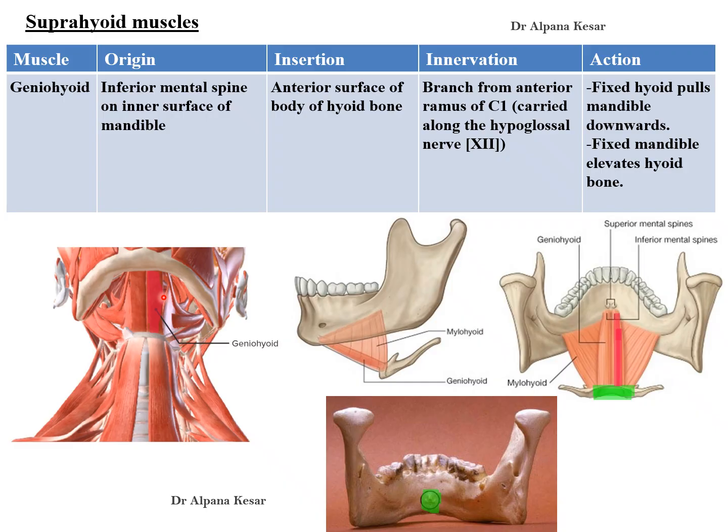Thus, it helps to open the mouth. When the mandible is fixed, it helps to elevate the hyoid bone. The innervation of geniohyoid muscle is by branch from anterior ramus of C1. The fibers are distributed by hypoglossal nerve.